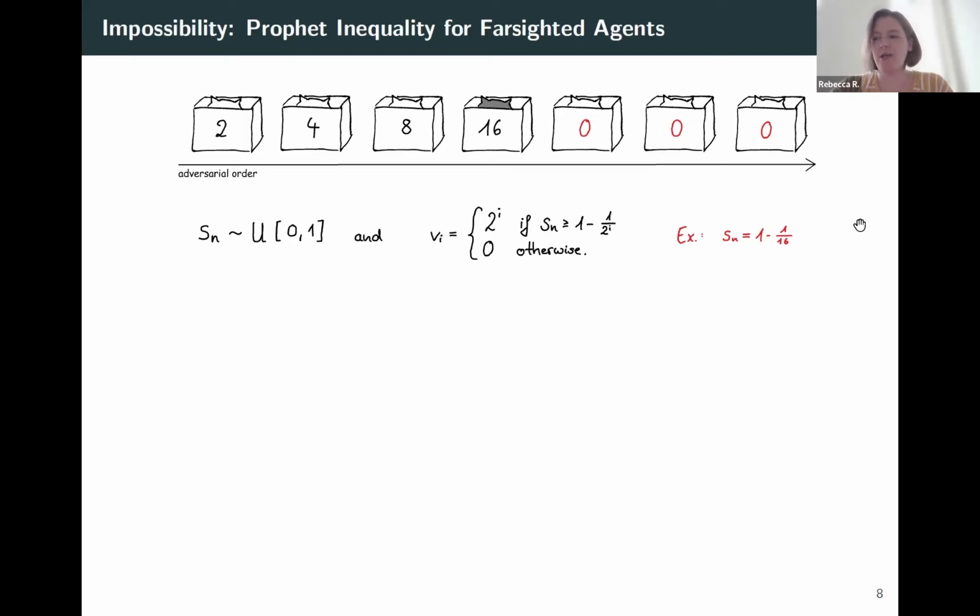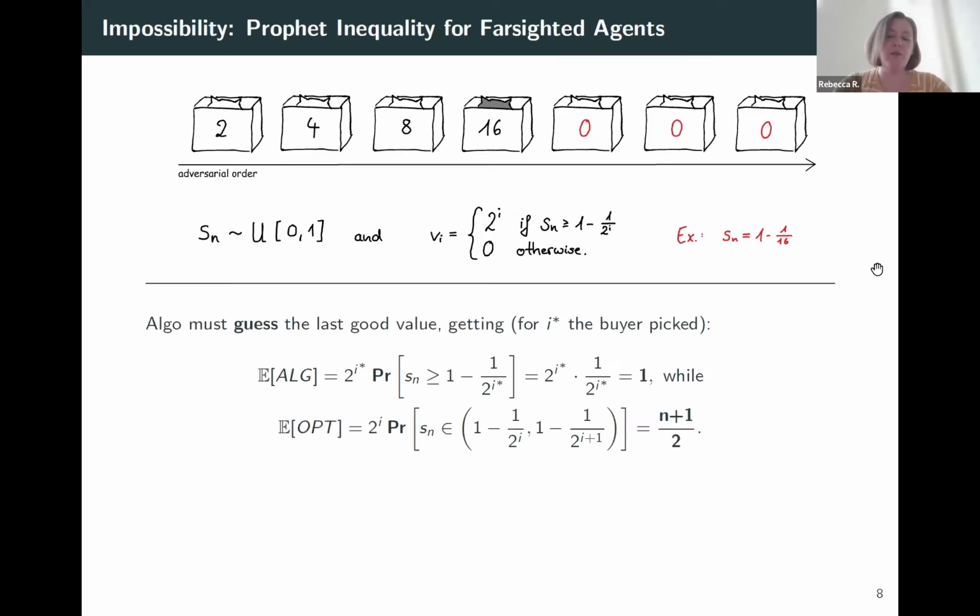This essentially recovers the impossibility that I showed you in the beginning, when you don't have any assumption except the online scenario itself. And indeed, if you do the math on the expected values for an algorithm that tries to pick one, well, the algorithm cannot do much but guess and will get a value of about 1, while your optimum in expectation actually is something in the order of n.